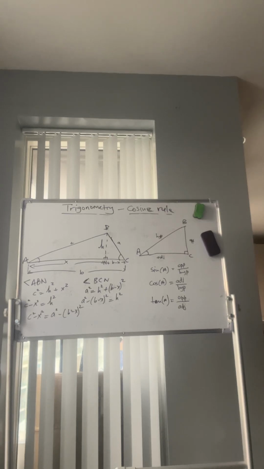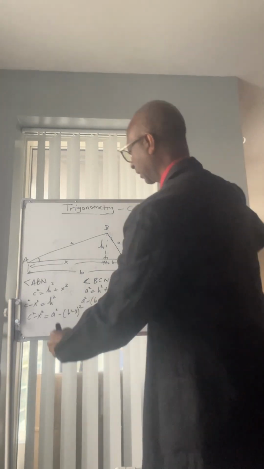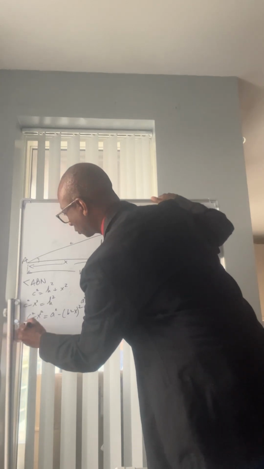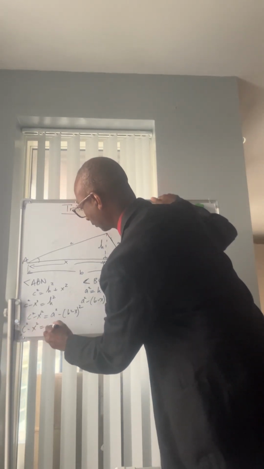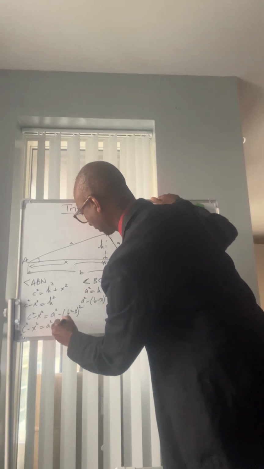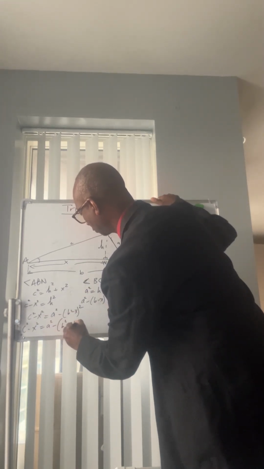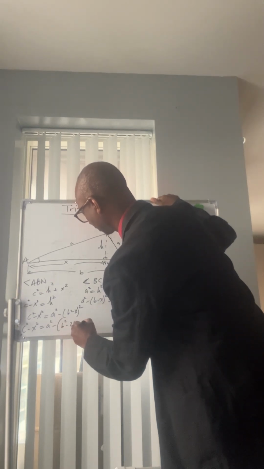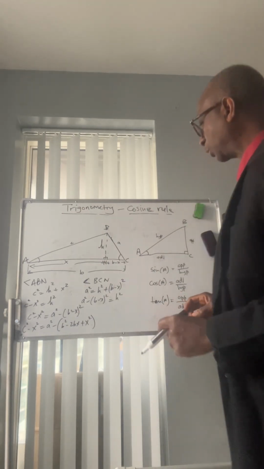So if that is the case, we can now expand this function we have here. If we expand this, you get c squared minus x squared equals a squared minus, I will put the bracket for now, b squared minus 2bx plus x squared. That's what you get.